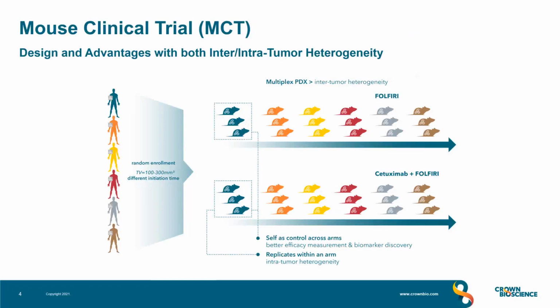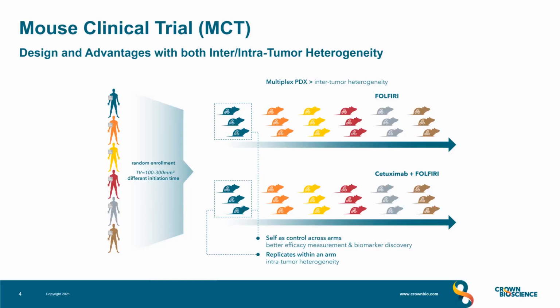So you see the 6 PDX capture inter-tumor heterogeneity, and the 3 mice of each PDX measure intra-tumor heterogeneity within both arms. Furthermore, since we have mice of the same PDX in both arms, they themselves can serve as control across arms for better measurement of efficacy that can also help biomarker discovery.